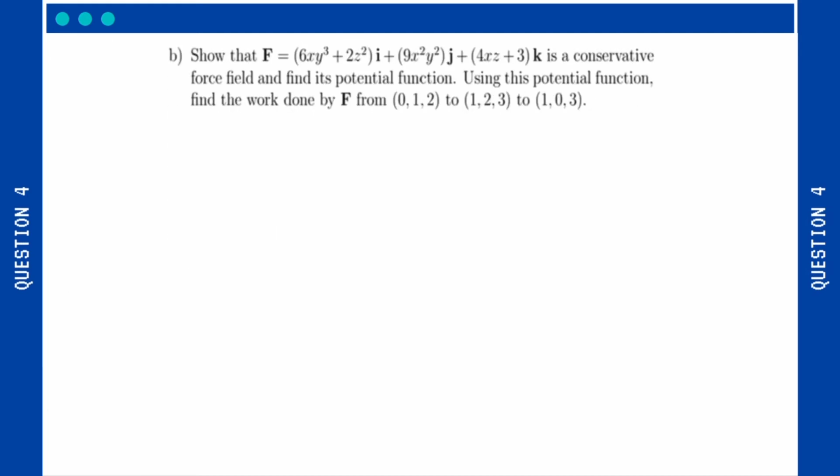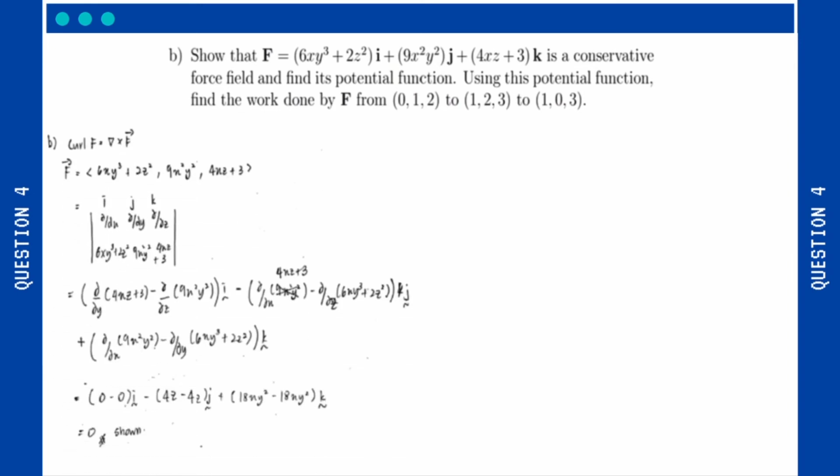For question 4b, the question asks to show that F is a conservative force field and find its potential function. So first we know that curl F is equal to gradient cross F. So from the equation we know that F is equal to 6xy cubed plus 2z squared, 9x squared y squared, and 4xz plus 3.